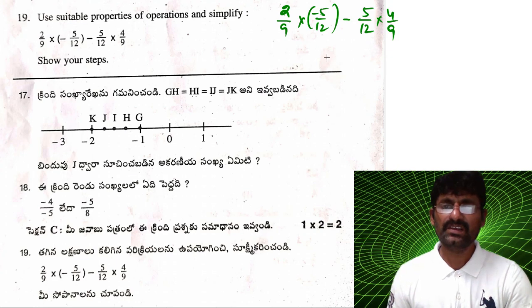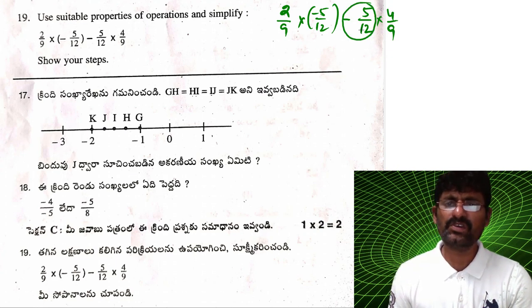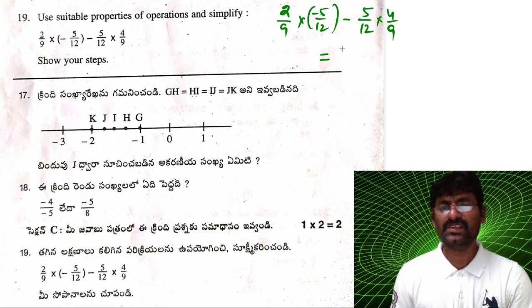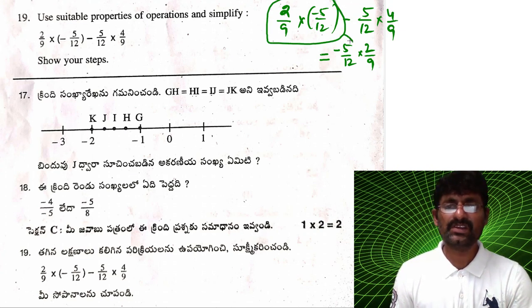But before that, -5 by 12 here is at the left side of 4 by 9. So let us bring this -5 by 12 to the left side of this 2 by 9. So this is equal to -5 by 12 times 2 by 9.